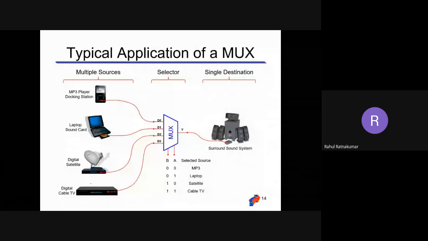So you have to select one of these devices, the song stored in one of them, using some select switches. If 00, your MP3 song from the MP3 player is played, and so forth. 01 will be from the laptop, 10 from satellite TV, and 11 from the cable TV. So this is a selector: a multiplexer selects from multiple inputs to a single destination.